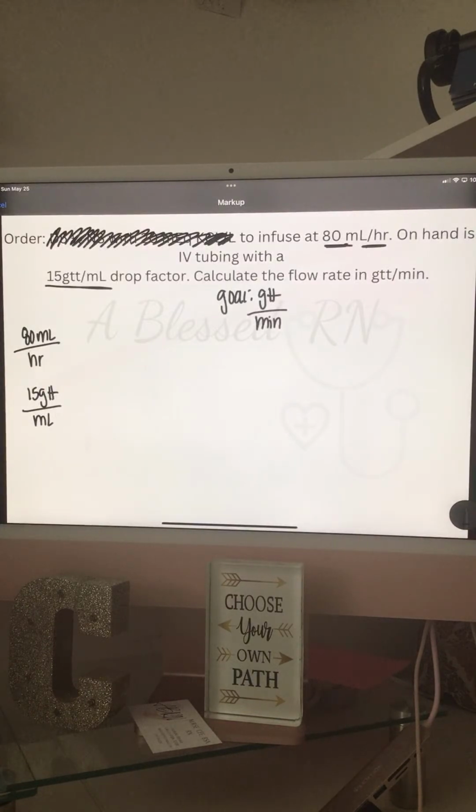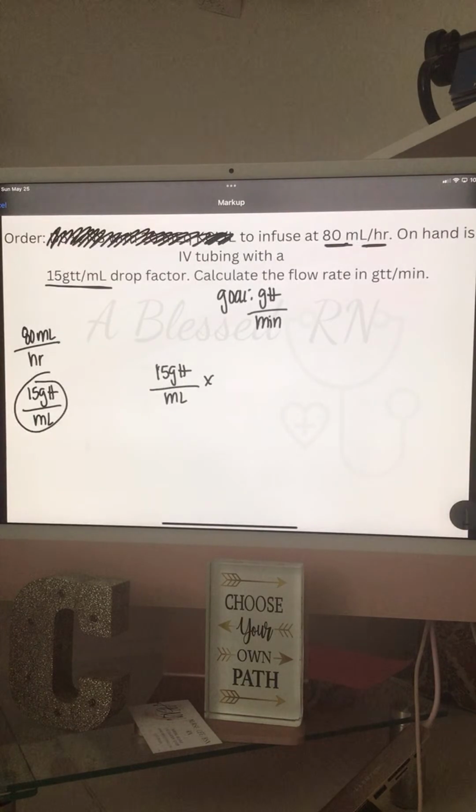Drops on the top. So we'll do 15 drops per mil. That was this puzzle piece because I needed my drops on the top. So I got them right there, right? Next, I need milliliters to come up and be put on the top. So that's this puzzle piece, 80 milliliters per hour.